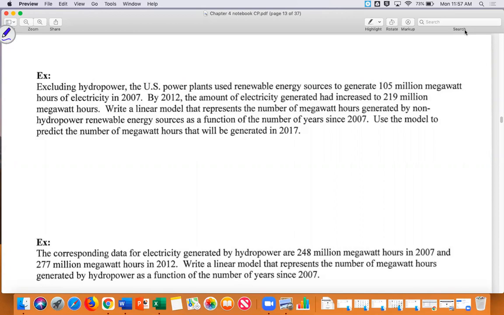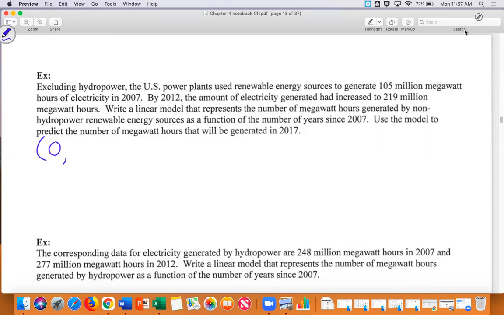Now, what number is equated with the start of something? Do you want to play the game again? No. Okay, what number? 0. So in 2007, this corresponds to 0.